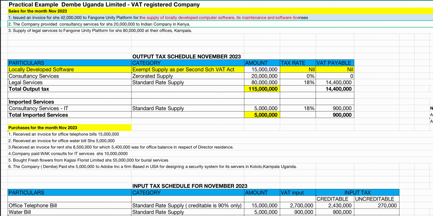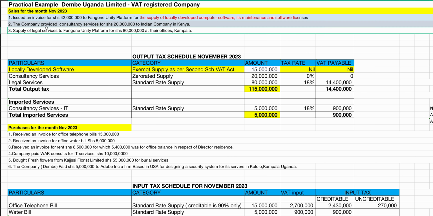Moving on to the next, the company provided consultancy services for 20 million Ugandan shillings to an Indian company in Kenya. Remember, we say this company is based in Uganda, and we provided consultancy services to an Indian company in Kenya. What comes to our mind?